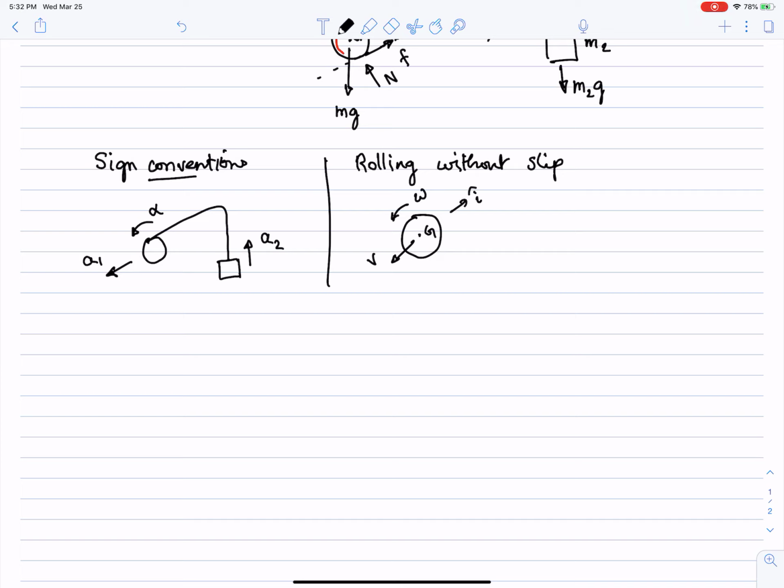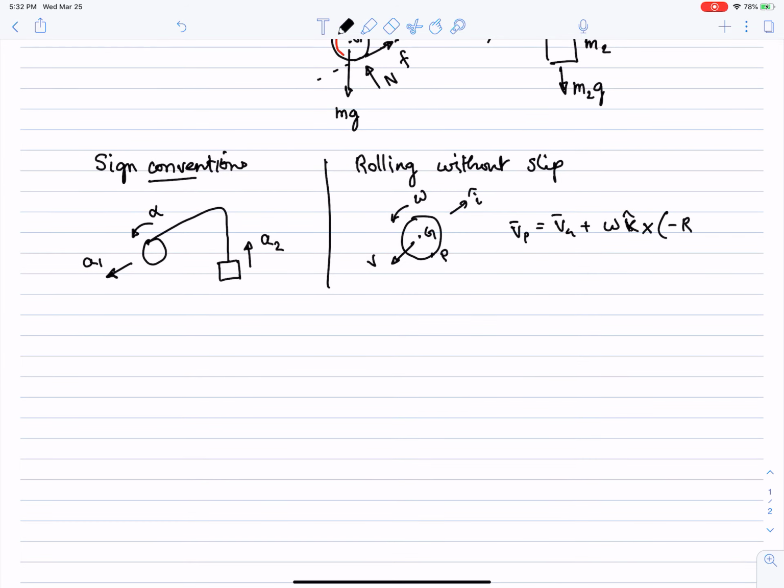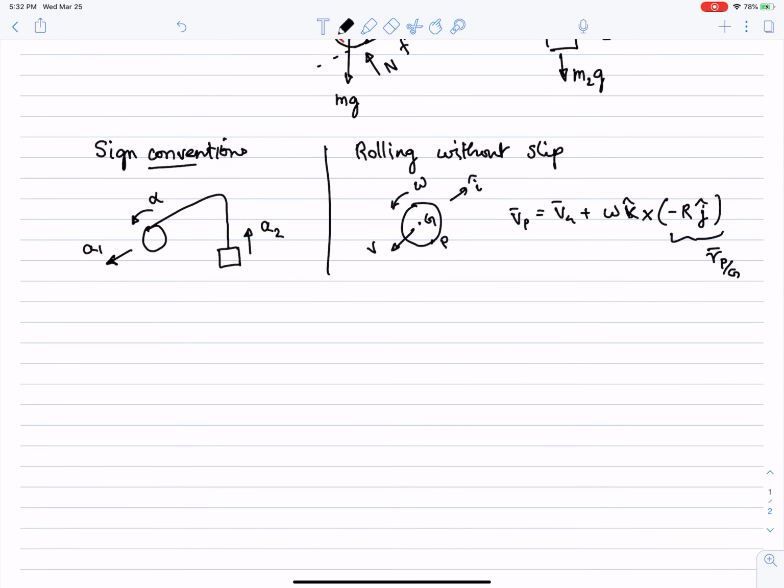Then this point P has velocity equal to 0, so Vp equals Vg plus omega k cross minus r j, where this is rp with respect to G. Vg is minus v i, and minus r omega, k cross j is minus i.